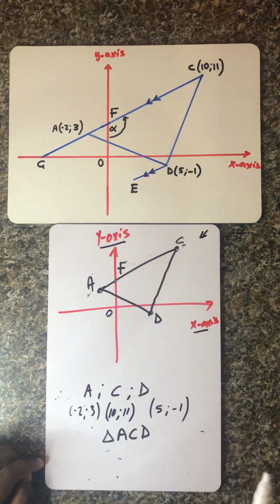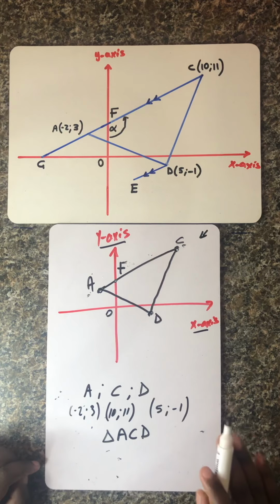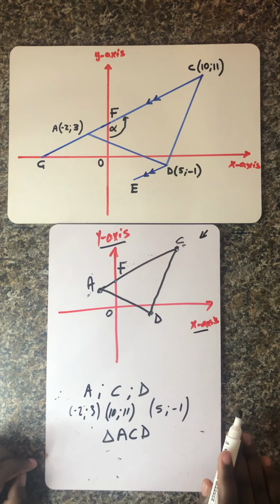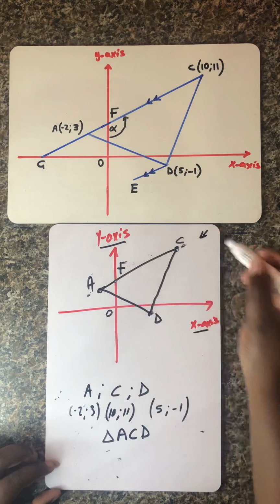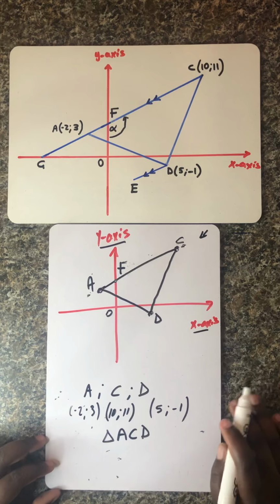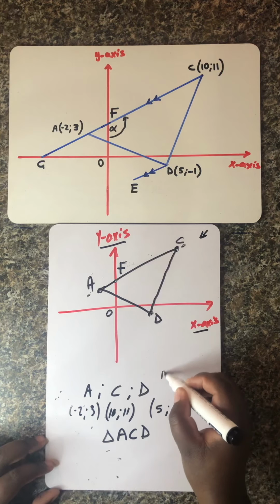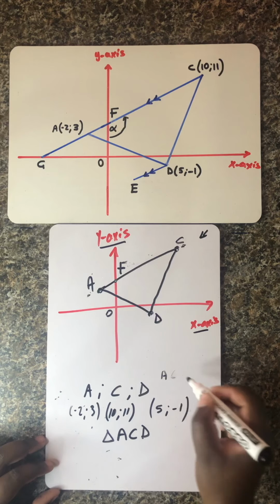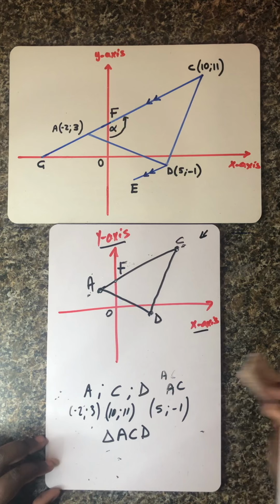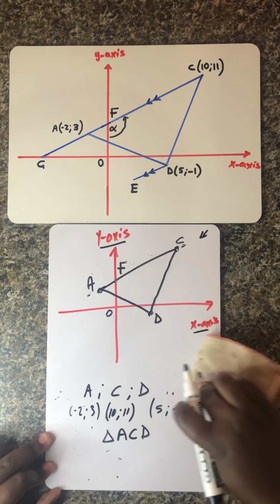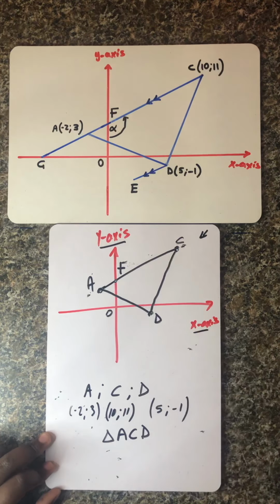I just want to make it clear that it refers to one and the same thing. But in most cases, I try by all means to follow the alphabetic order. Obviously, A comes before C, so that's why I will say AC. Very, very much important. In that way, I remain constant.